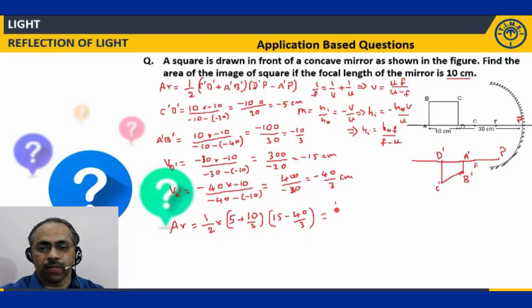Now if you simplify this, I am going to get it as half into, this is 15 plus 5, 25 by 3. Okay. And this is 45 minus 40 is 5 divided by 3. So basically I am going to get it as 125 divided by 18. Okay. So centimeter square. Is this clear?